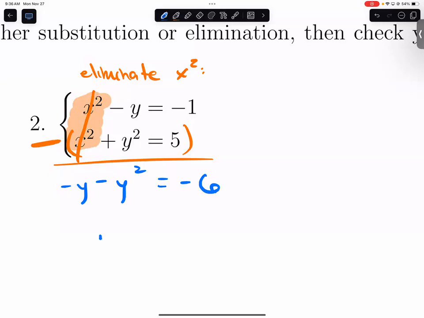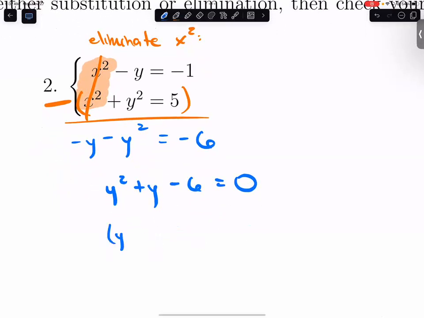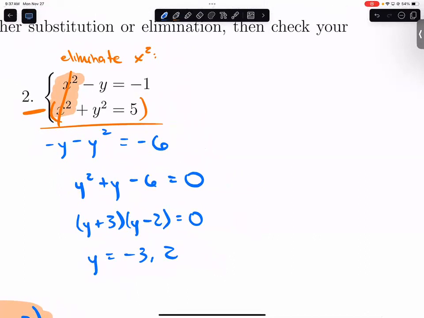So add y squared and add y to negative 6. And then we go into solving the quadratic mode, right? So y plus 3 and y minus 2. So I get negative 3 and 2 as the y values.